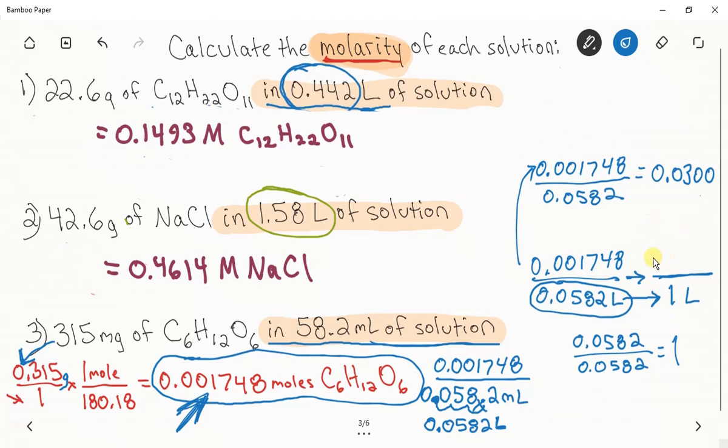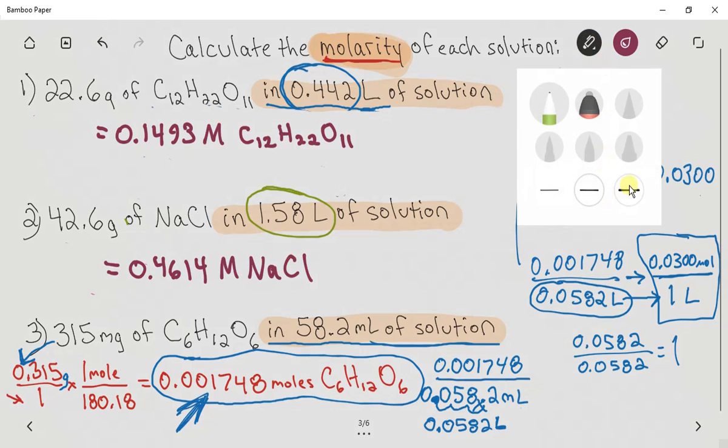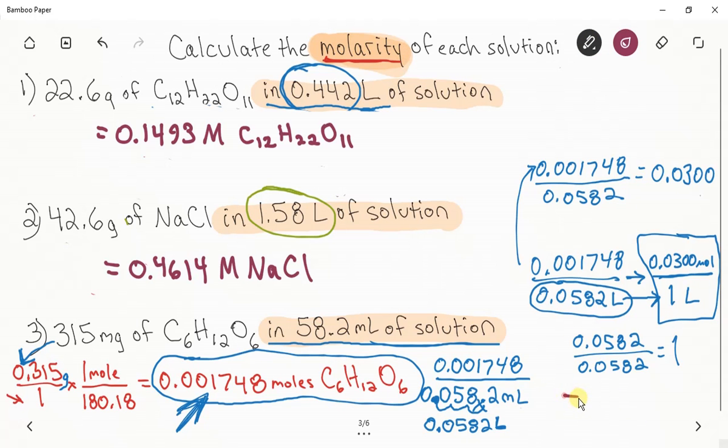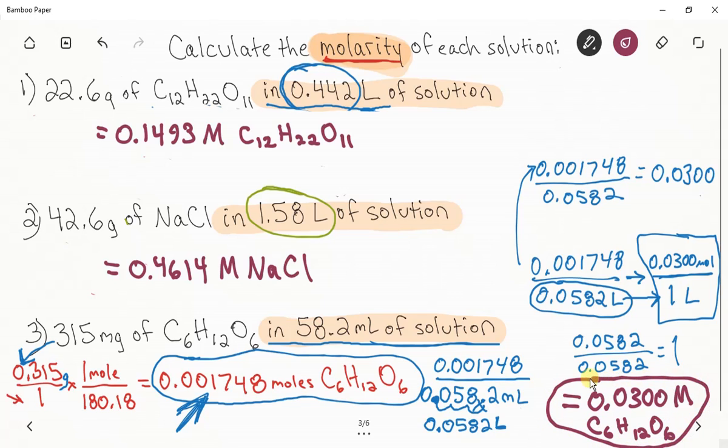So the answer down here is 0.0300 moles in every 1 liter of water if we were to keep the recipe the same, which means the molarity is 0.0300 capital M, and then you can write C6H12O6 after it. So that would be your answer.